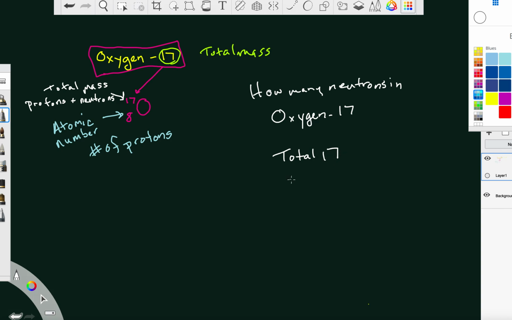My total is 17, and then I would just subtract the number of protons, which is 8. So 17 minus 8 gives me 9 neutrons.